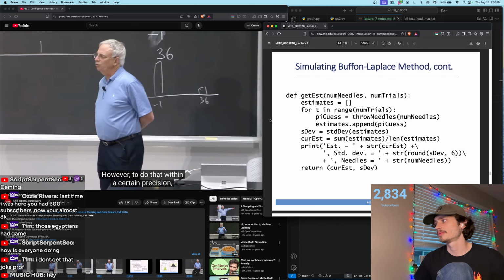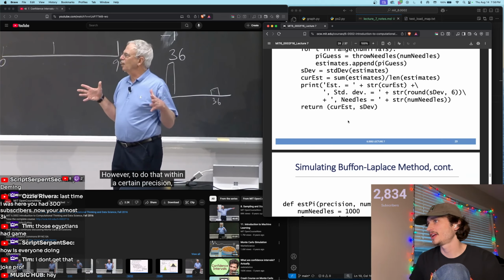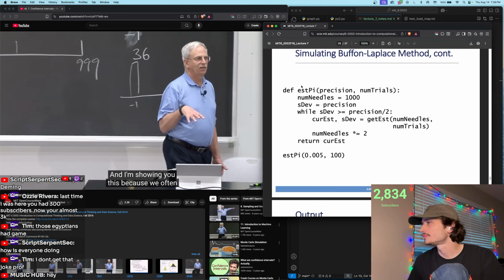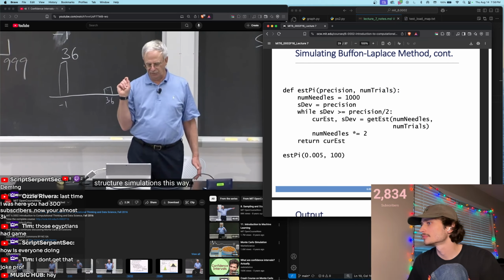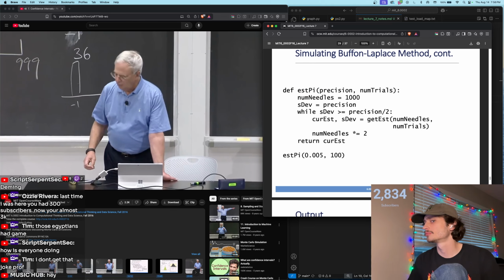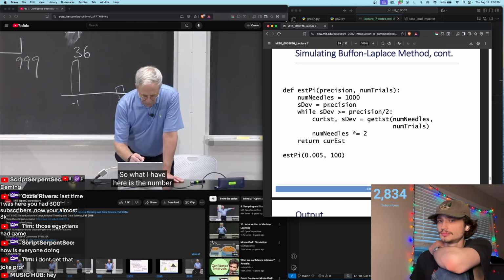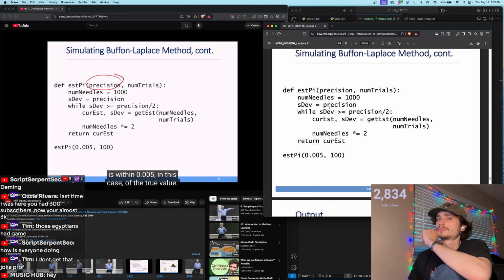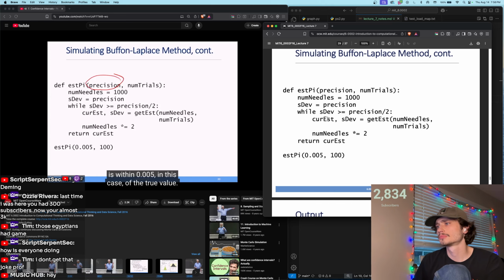However, to do that within a certain precision, I'm going to have yet another loop. And I'm showing you this because we often structure simulations this way. So what I have here is the number of trials, which is not so interesting, but the precision. I'm saying I would like to know the value of pi, and I would like to have good reason to believe that the value you give me is within 0.005, in this case, of the true value.